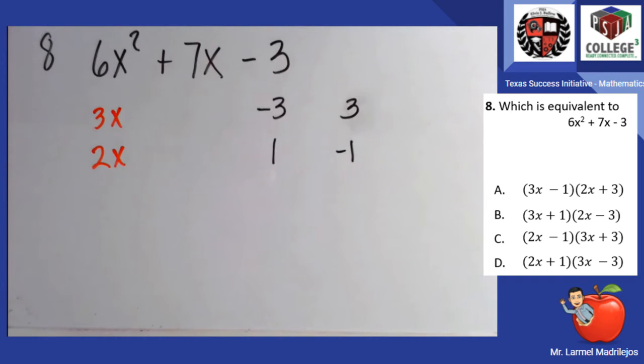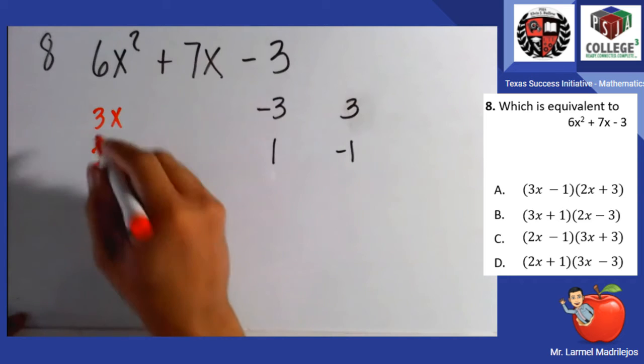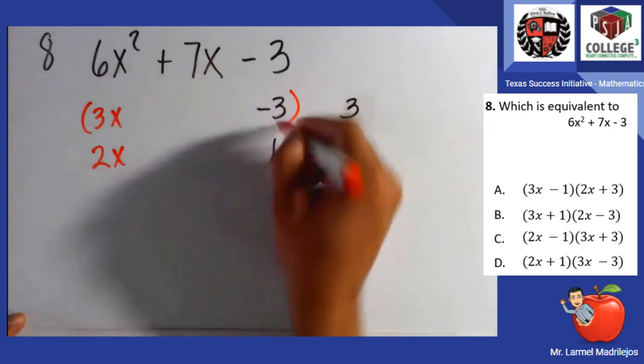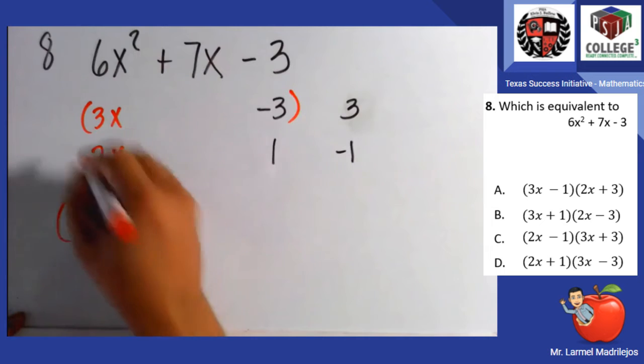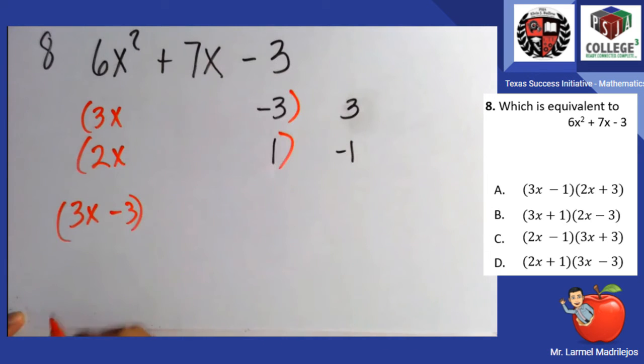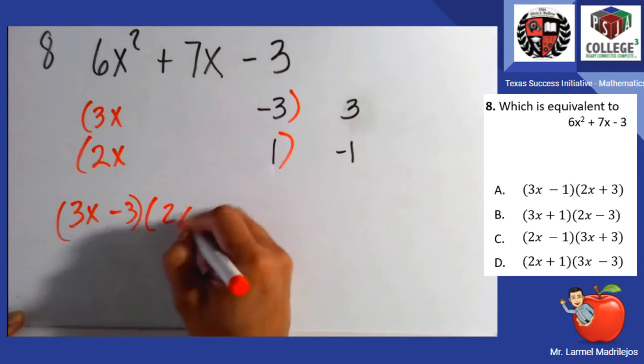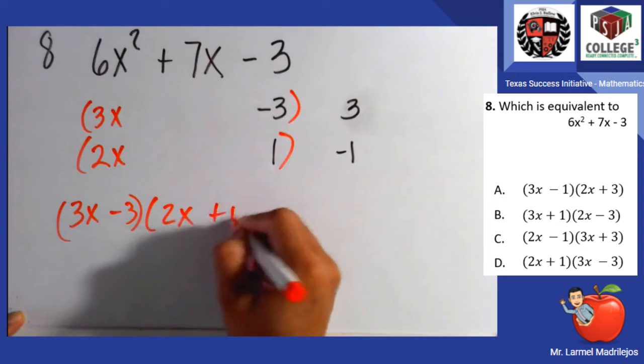Let's start with this and this: 3x minus 3 and 2x plus 1.